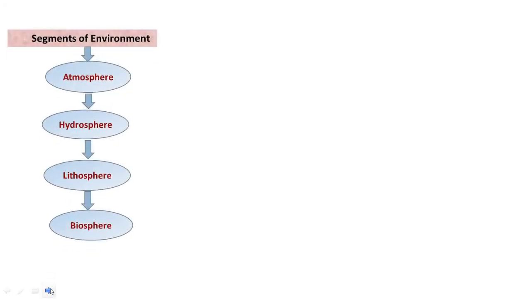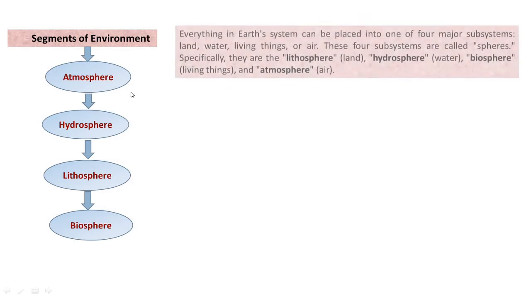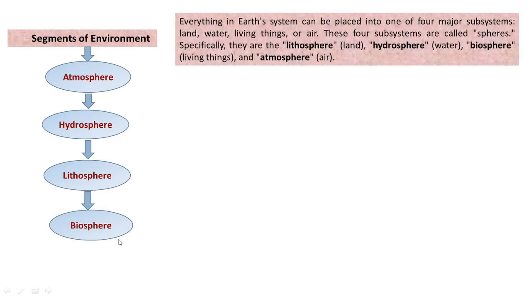Now the next part of our chapter is the different segments present in the environment. There are mainly four subsystems: atmosphere, hydrosphere, lithosphere and biosphere. Everything is made up of the earth system.